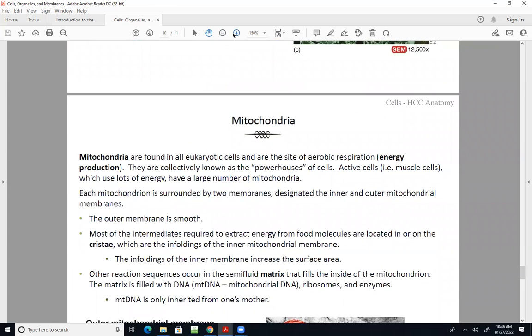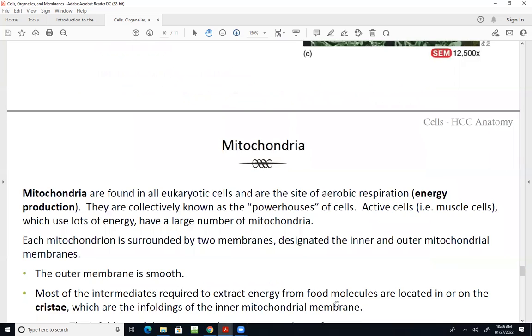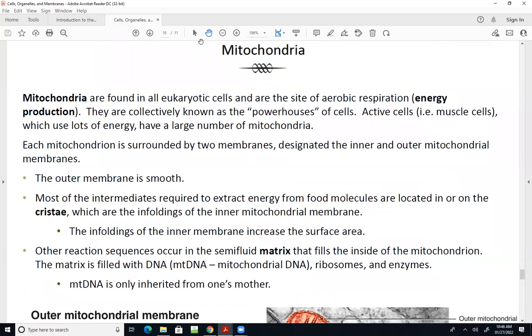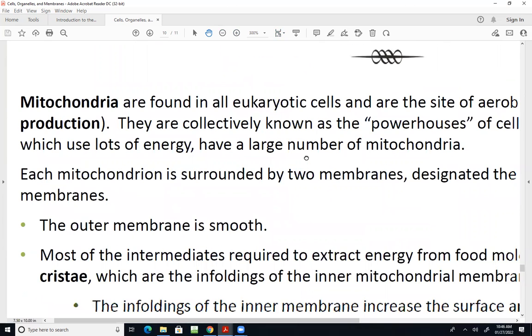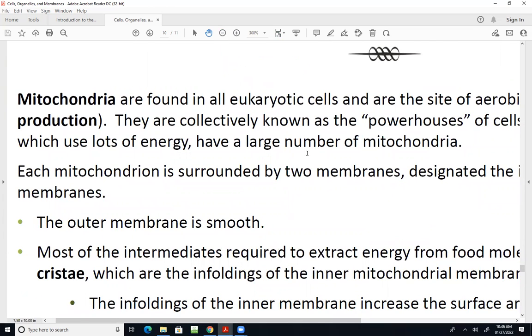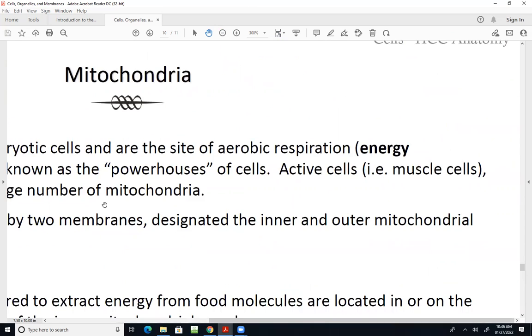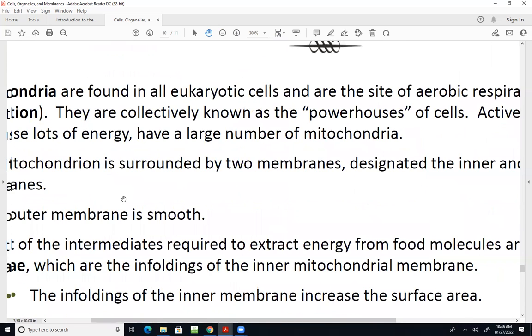Okay, our last organelle will be the powerhouses of our cell, our mitochondria. It says production, but it's energy production. Sorry, it's cut off on one side.